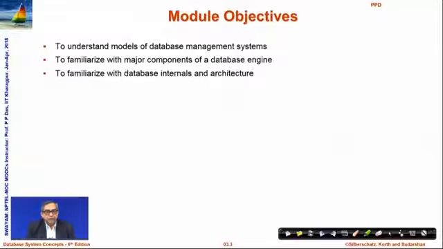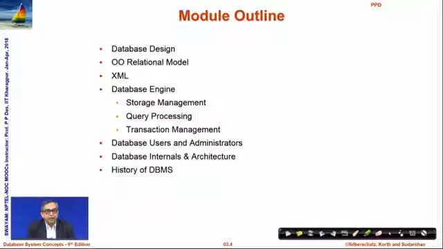We will elaborate on those and we will familiarize with the basic architecture of a database management system, some of the internal components, and will present a brief historical perspective of the DBMSs. So, this is the outline that we will follow.